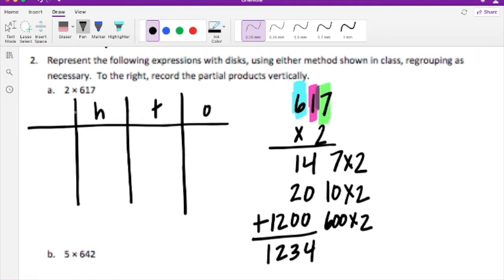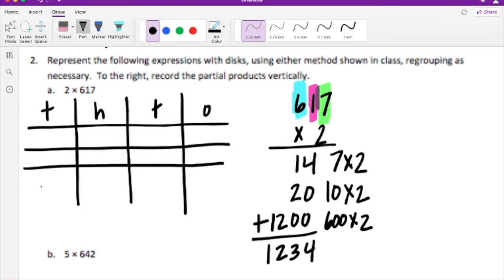Now, I'm going to do place value chart. Ones, tens, hundreds, thousands, and I'm going to record each product on the line. And we're going to add it up that way. Now, we did 7 ones times 2. That's 14. So that's 110 and 4 ones.